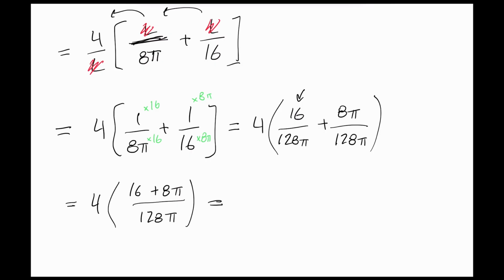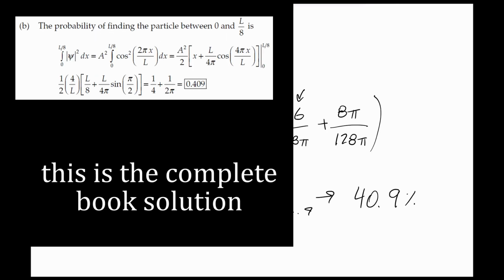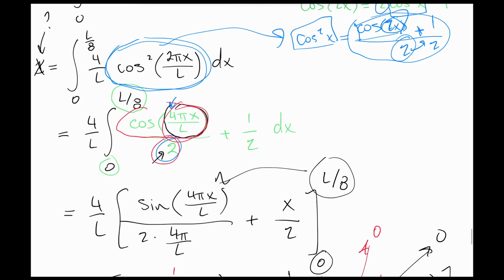Multiply that by 4 equals 0.409, and then some other numbers there, which actually equals 40.9%, which is, as you guys saw before in the solution manual, the correct answer. Boom. So I hope this problem was helpful.